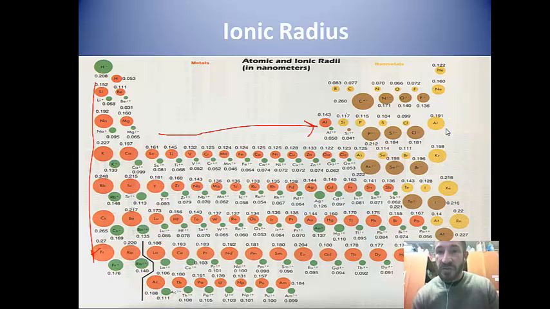So you see the ions are a little bit larger, and they're, I guess, a reddish color. The same trend is not true for these because there's a different number of electrons. So the trend is true for the metals, but for the nonmetals, that same trend does not hold true.